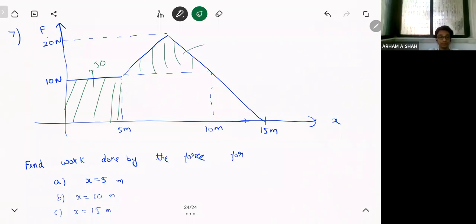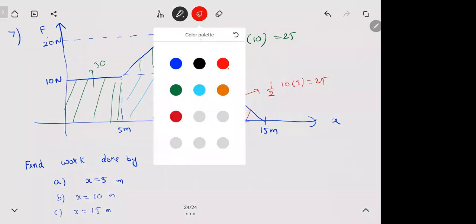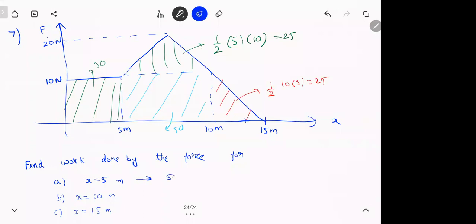What is this triangle area? Half into base 5 into height 10, 25. Is that fine? The base is 5 here. This is another rectangle, 50. This is a triangle, half, height is 10, base is 5, 25. Okay? Then up to 5 meters, what is the work done? 50 joules. Up to 10, it is 50 plus 25 plus 50, 125. This would be 150.